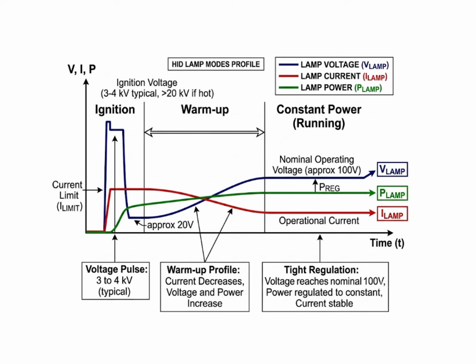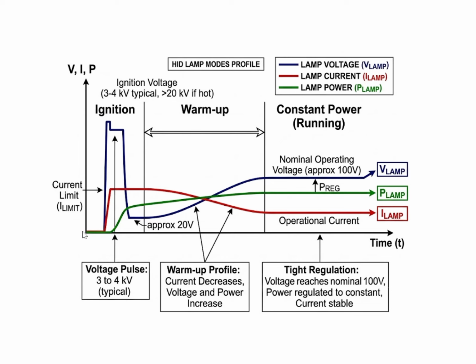The second one is the current limitation stage. Once the arc is established, the ballast immediately reduces the voltage and limits the current to protect the lamp. The lamp current rises rapidly to a controlled value, while the lamp voltage remains relatively low because the gases inside the lamp are still cold. During this period, the lamp power begins to increase gradually.